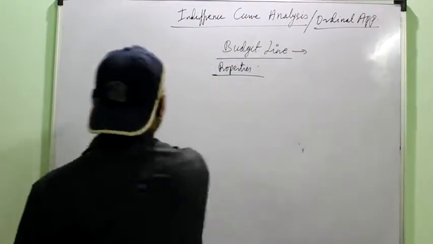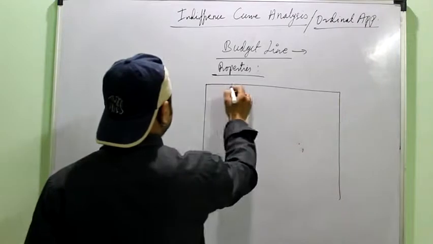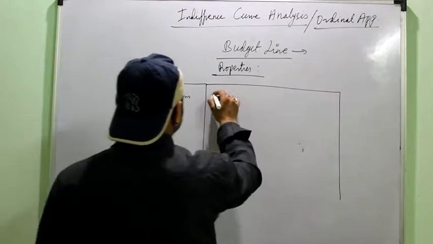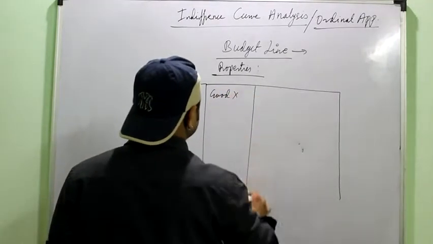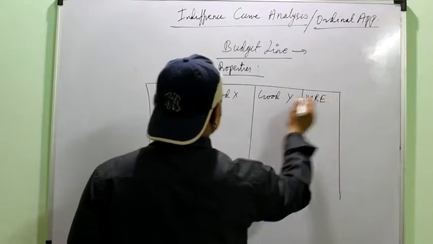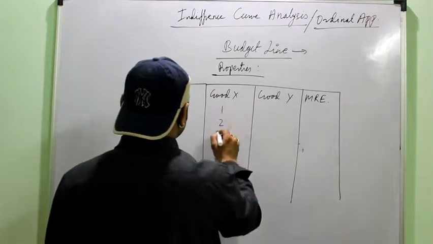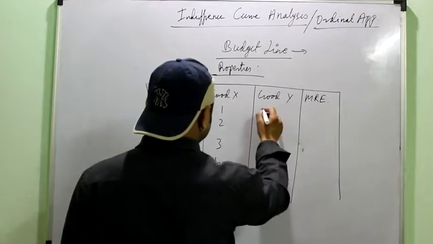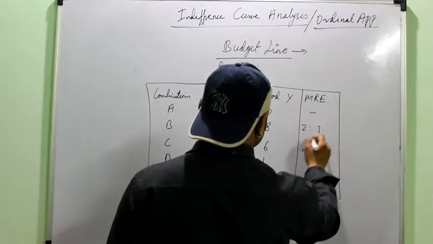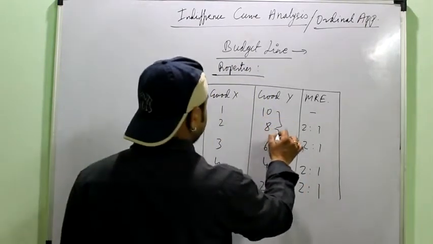Numerically also we can understand. If we mark various combinations, again, simply you have to keep this gap constant.